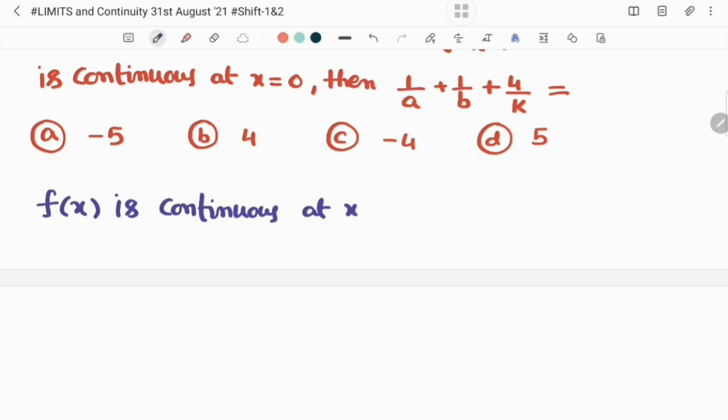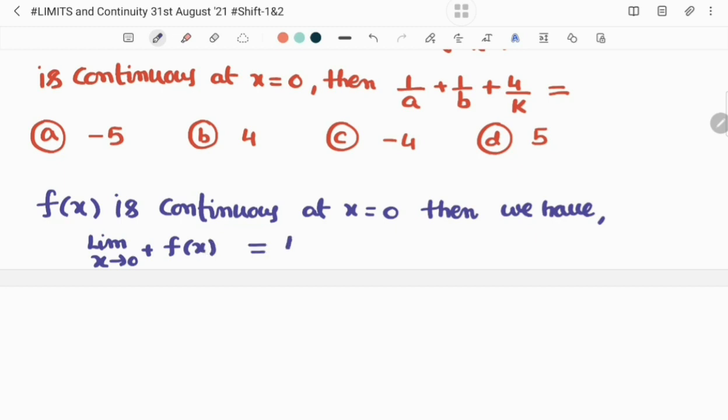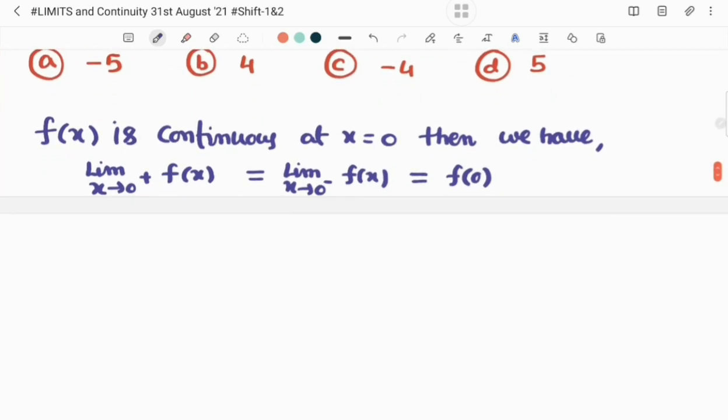At x is equal to 0, we have limit x tends to 0 plus f of x is equal to limit x tends to 0 minus f of x is equal to f of 0. Limit x tends to 0 plus means right hand limit, RHL.